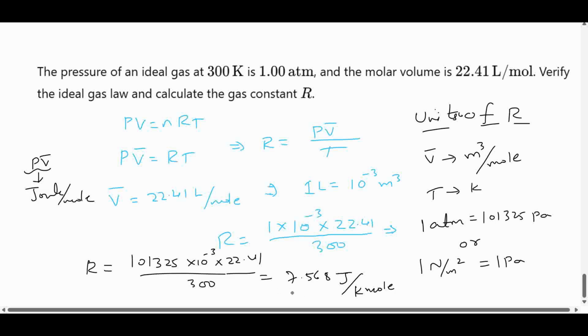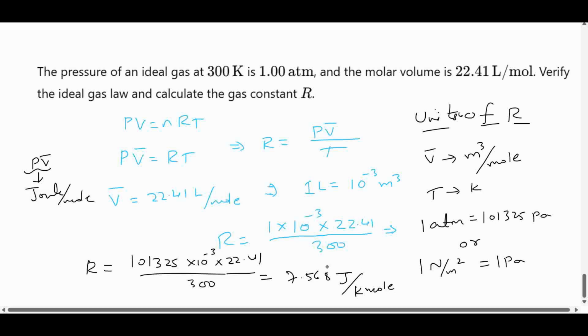So this is a somewhat closer value of the gas constant. Do not bother about the value, but please see the conversions of SI units and how we can represent the units of R and why it is joule per Kelvin per mole.